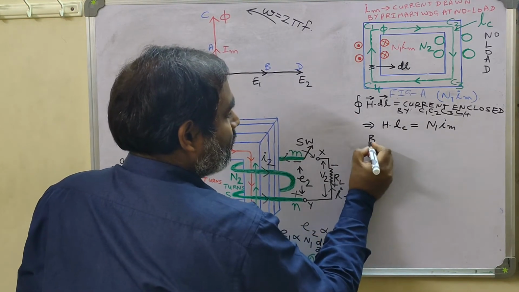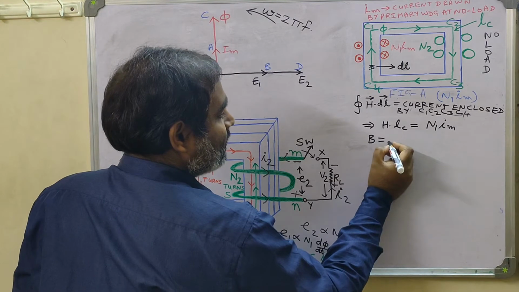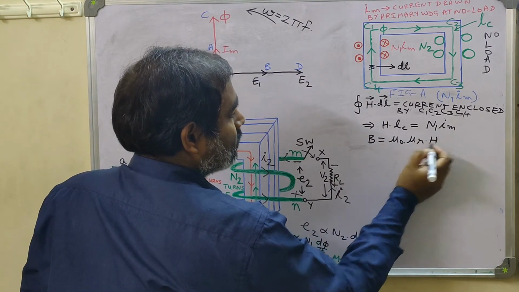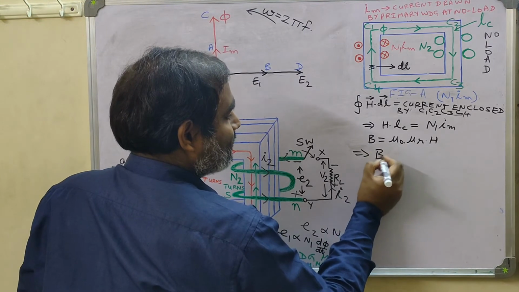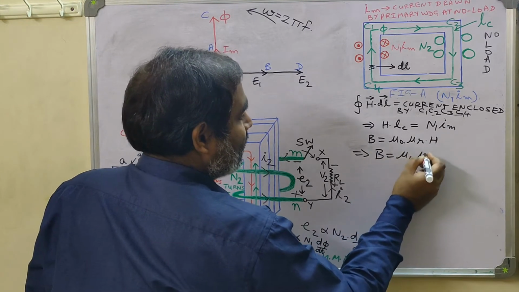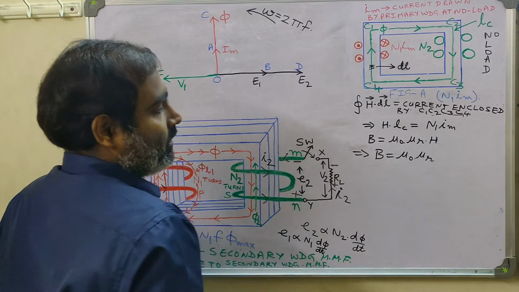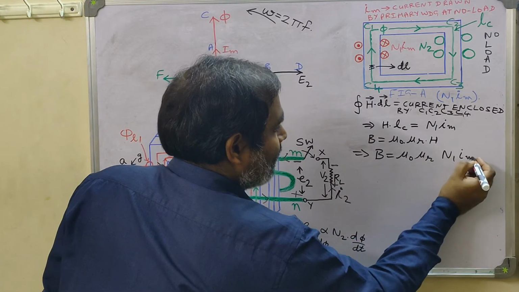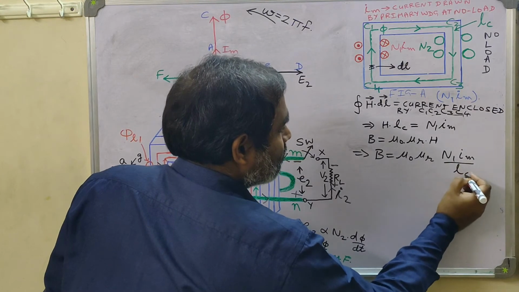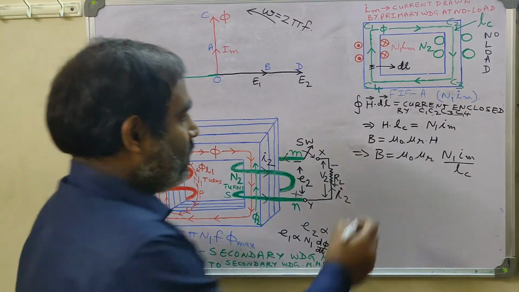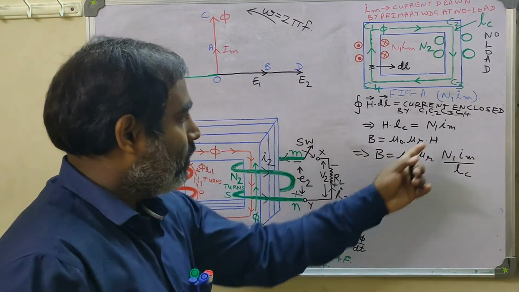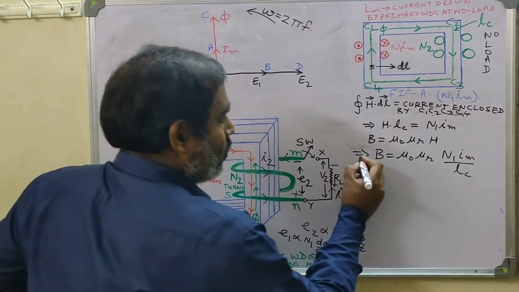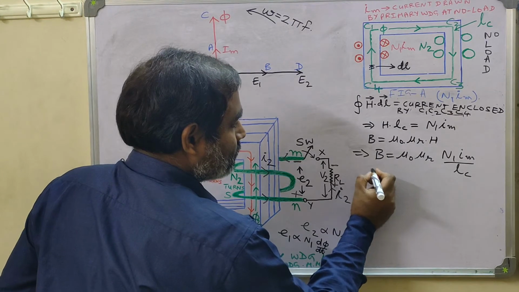Now from this, what can we write? We can write B, that is magnetic flux density, as mu naught into mu r into H. For H, we can write N1 into Im by LC, isn't it? N1 Im by LC is H. Now what can we write for flux?